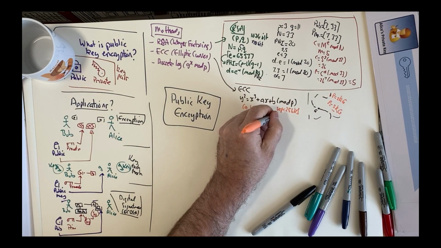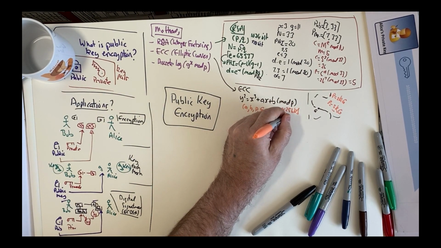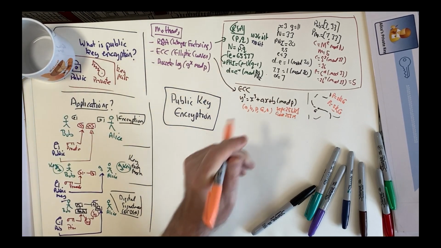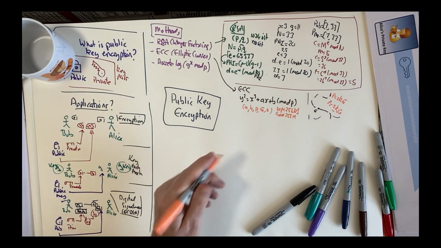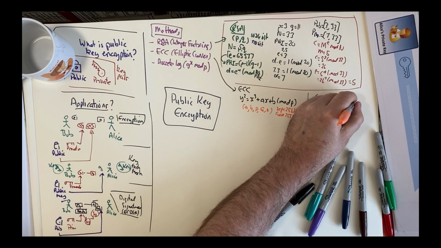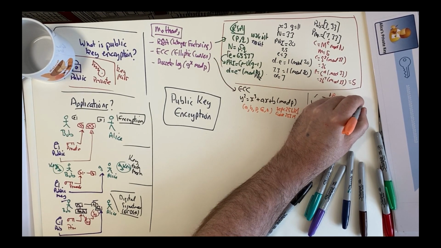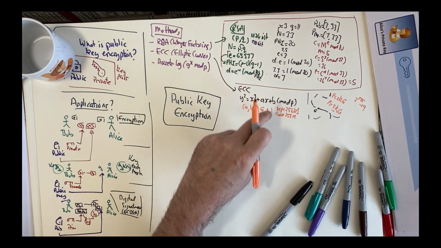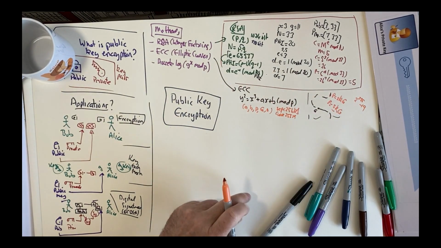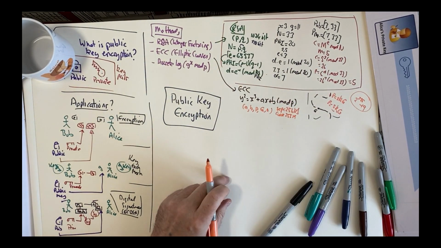Other curves that you might come across, curve 25519 is a very popular curve, and it's an interesting little curve because its prime number is 2 to the power of 255 minus 19.